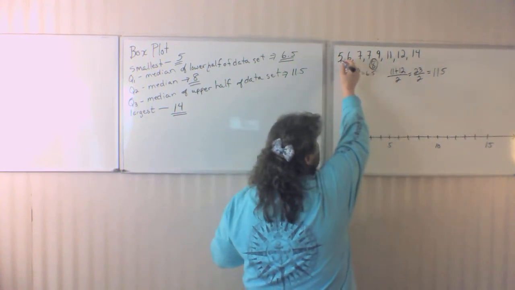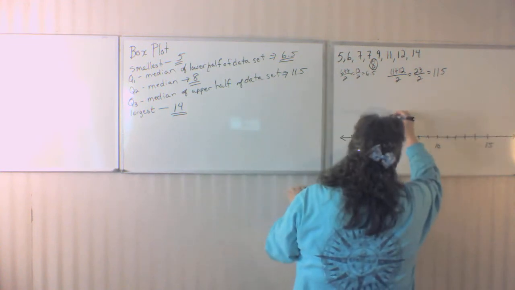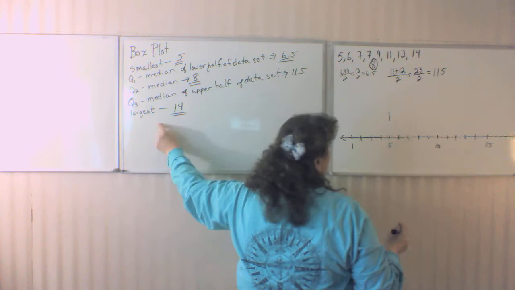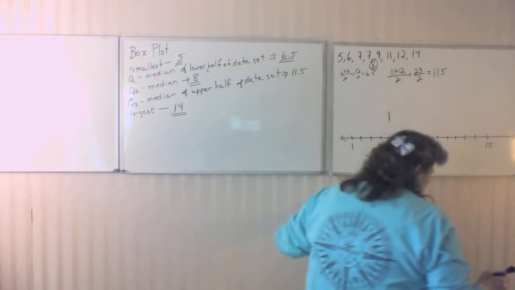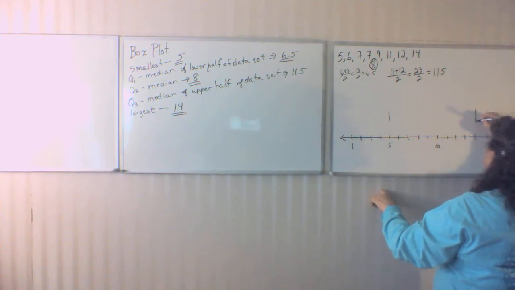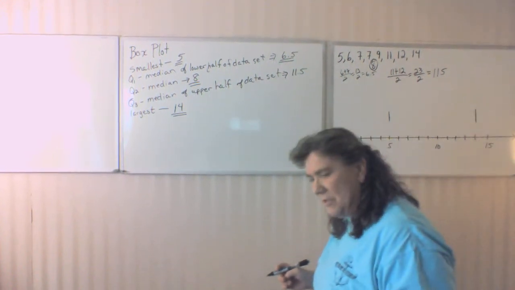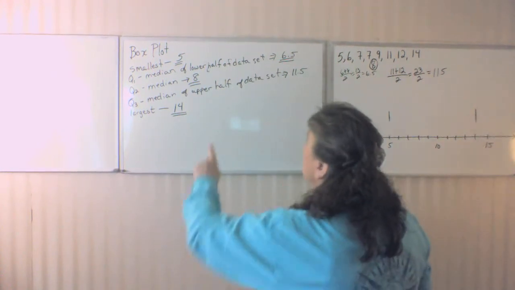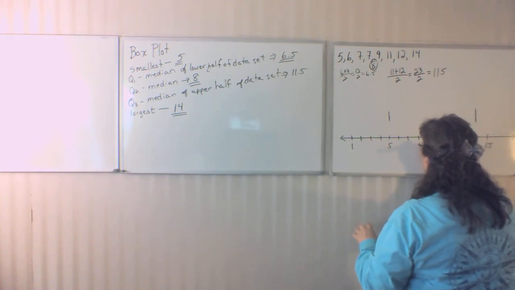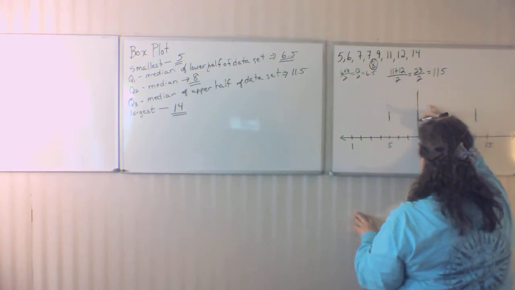So my first number of my 5 number summary is my 5. So I'm going to put a line where my 5 is. My largest number in my summary is 14. So I'm going to put a line here where 14 is. Okay? Question on that? No questions. Okay. Let's go on. Now let's put our median. Our median is 8. So here is 8, and that is a big line.